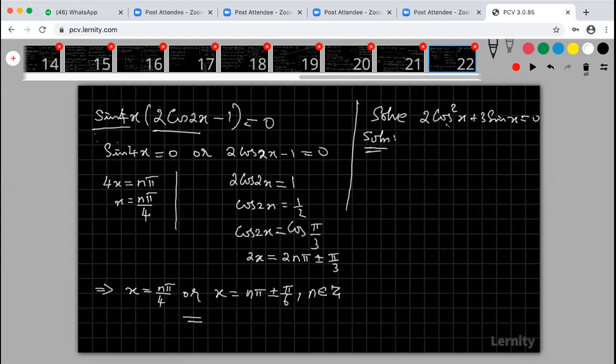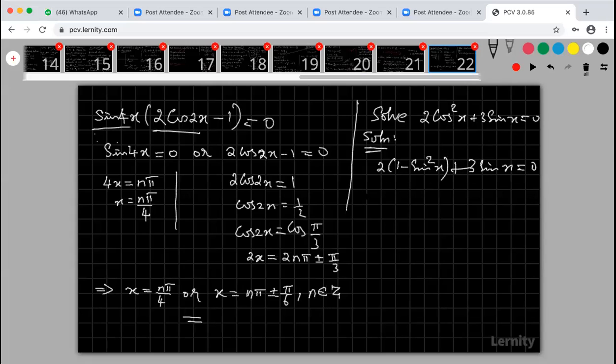Therefore, I'm going to convert this cos square into sin square, that is 1 minus sin square. Since sin x is there, I'm going to convert cos square also into sin x. You can convert into cos x also, but then sin x has to be written in root form, which is very complicated. So I'm converting cos square as 1 minus sin square. 2 times (1 minus sin square x) plus 3 sin x equal to 0.